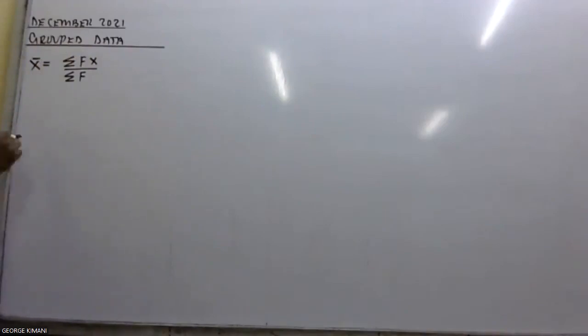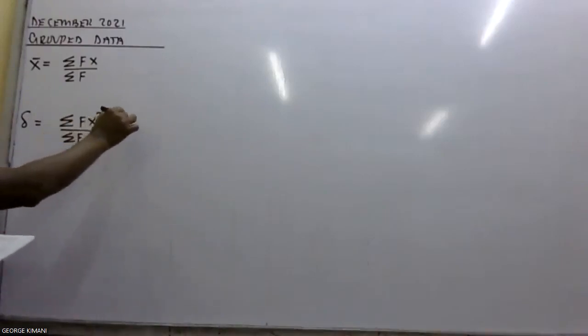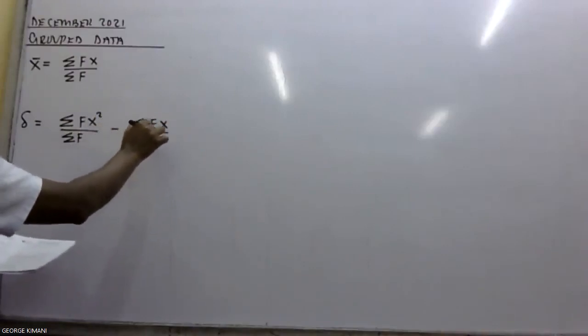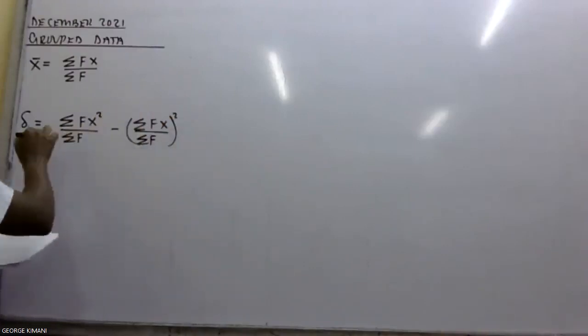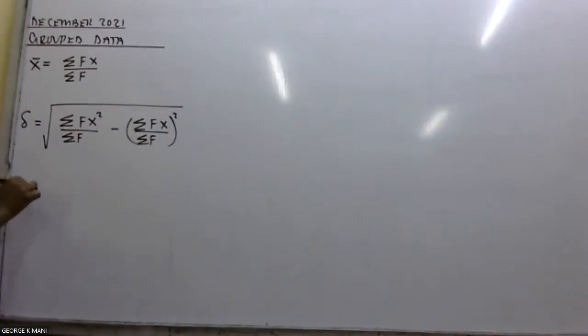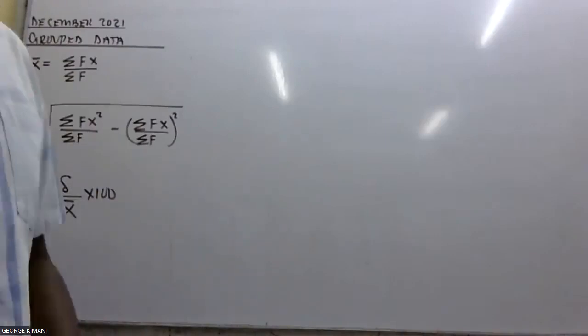They're also asking us to get the standard deviation. So the standard deviation is sum of fx squared, you divide by sum of f. Then you minus sum of fx divided by sum of f, this one you square, and then you get the square root. And then they also want CV, so this will be standard deviation divided by the mean times 100.